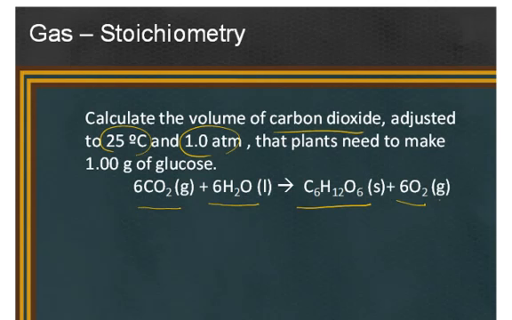All right, to work this problem, the first thing we need to identify is what's given. In this case, what's given is 1 gram of glucose, C6H12O6. We want to see how much volume of carbon dioxide it takes to make that amount of product.